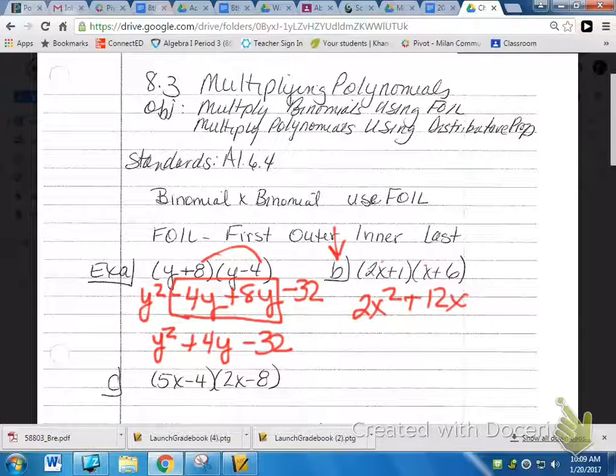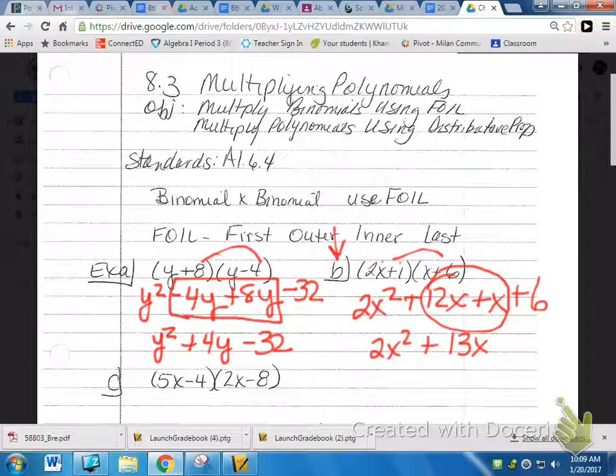Inner, the 2 on the insides, 1 times x, I'm just going to write x. And last, 1 times 6 is 6. Again, the 2 on the insides are like terms. So 2x squared plus 13x plus 6.